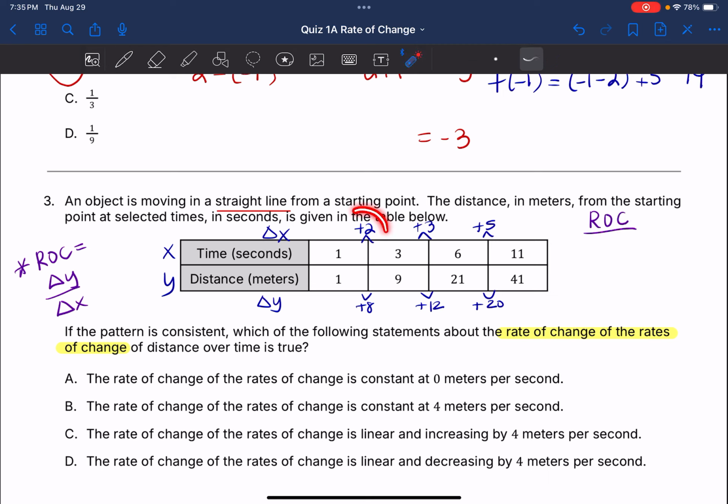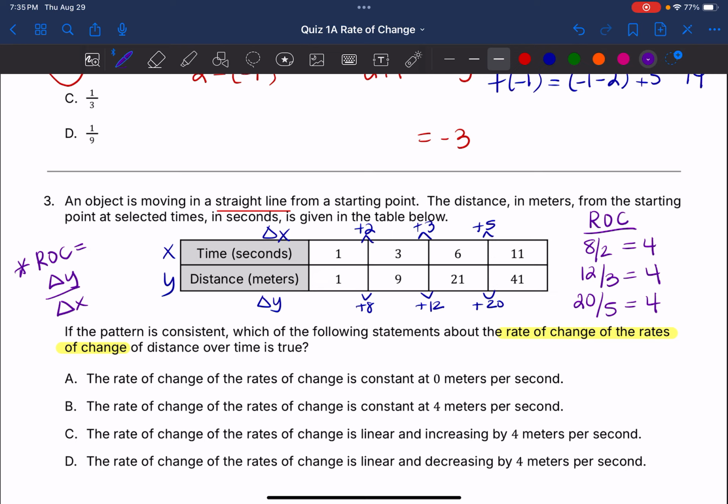If I start with this first one, I'm going to do 8 divided by 2, which gives me 4. Then the next one, 12 divided by 3, which also gives me 4. And then the last one, 20 divided by 5, also gives me 4.